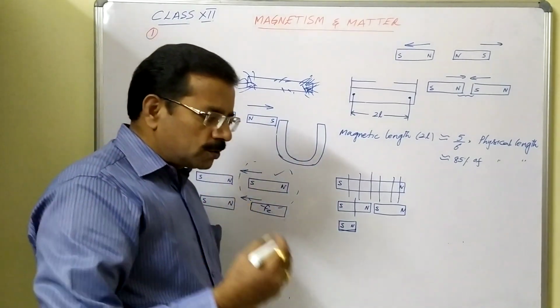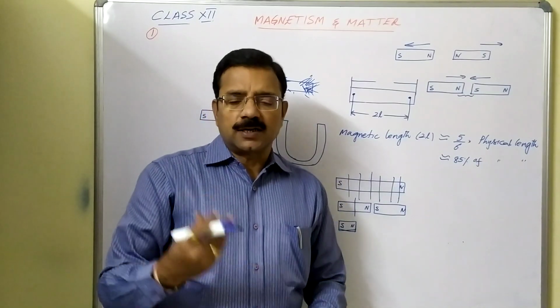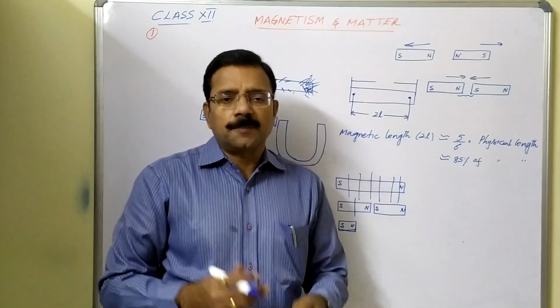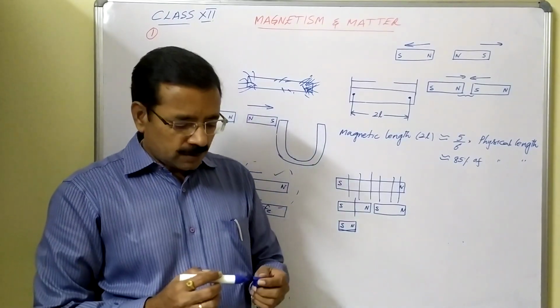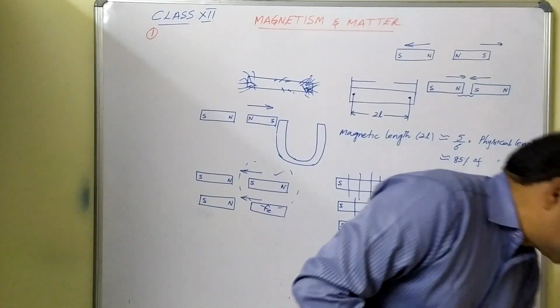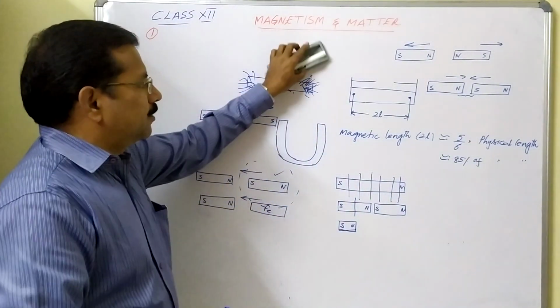So though like poles repel each other and unlike poles attract, repulsion is considered to be the sure test for magnetism. This is one more important property of a magnet.